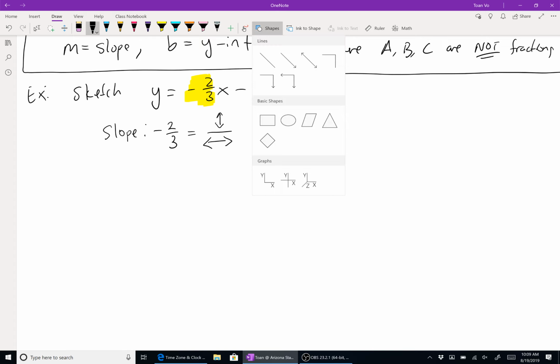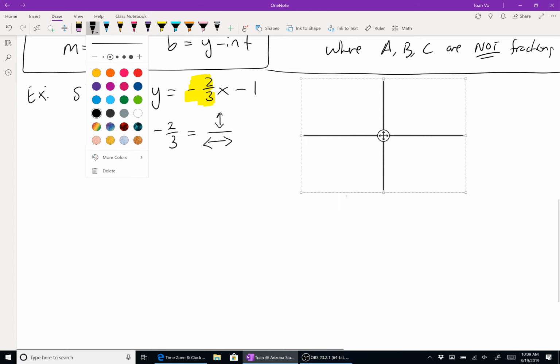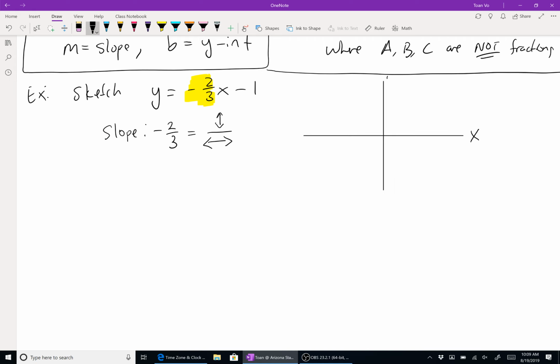So think back to a coordinate plane. This is your standard coordinate plane. Everyone knows that this is your x-axis, this is your y-axis, yes? Everyone knows that positive x's run to the right, positive y's run up, negative x's run to the left, negative y's run to the bottom.